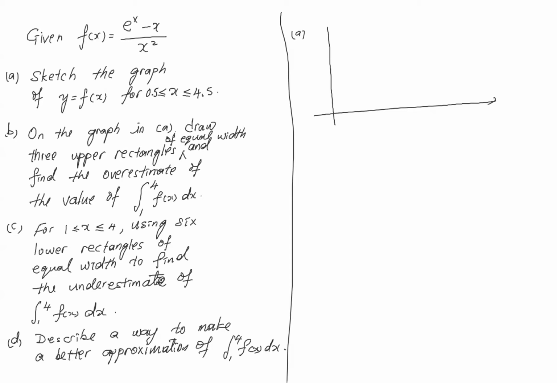And I have the turning point, which is at 1.6-something, correct? All these are the points that you have to find so that you can give a quite accurate sketch so that you can do your part B and part C easily.